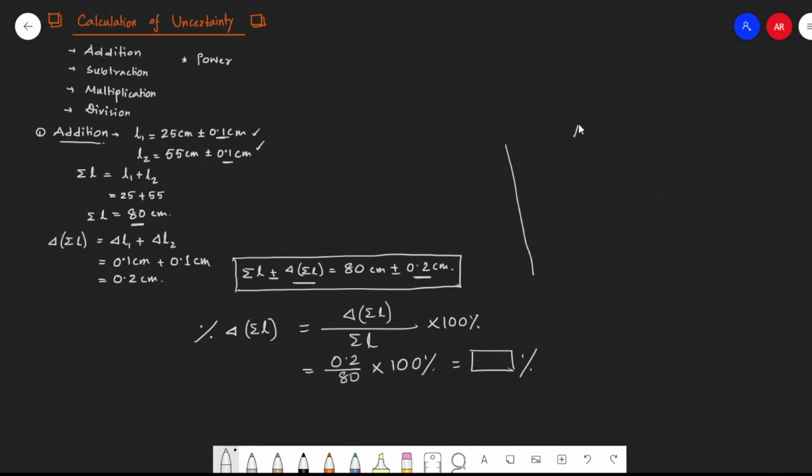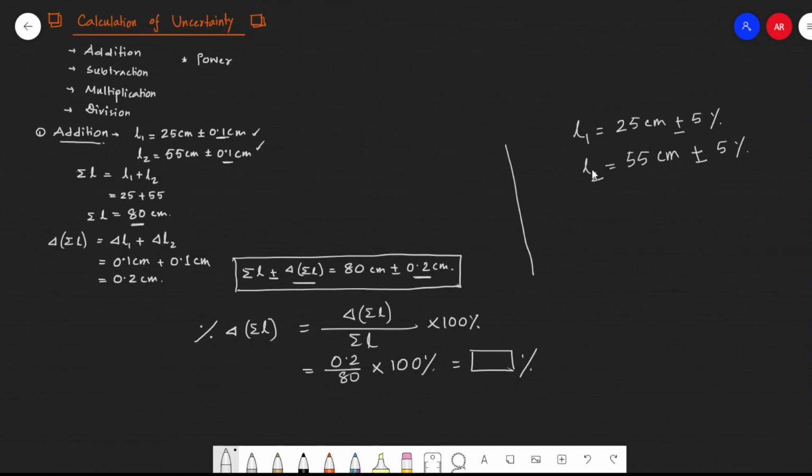Say for an example, L1 is 25 centimeter having 5% as its percentage uncertainty. When I say 5%, there is no unit right here. L2 is 55 centimeter and it has plus minus 5% uncertainty.